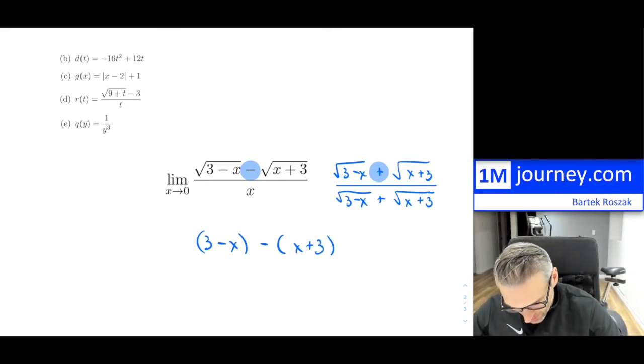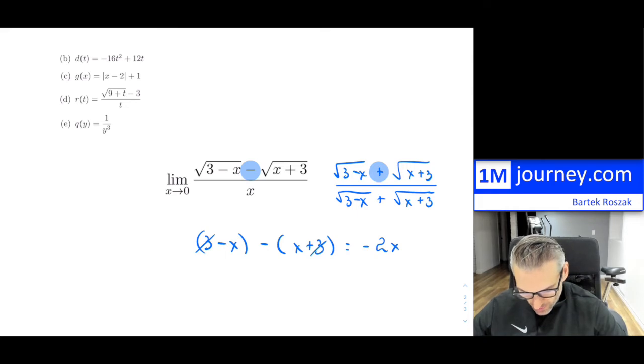If I do this, you'll notice that the numerator nicely simplifies for us. Here we get 3 minus x, and then minus x minus 3. The 3 minus the 3 will cancel, but we're going to get negative 2x in the numerator.